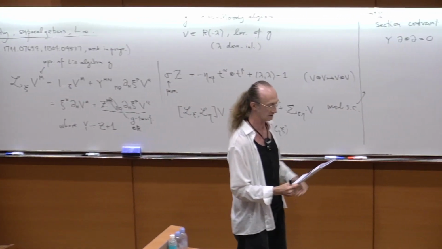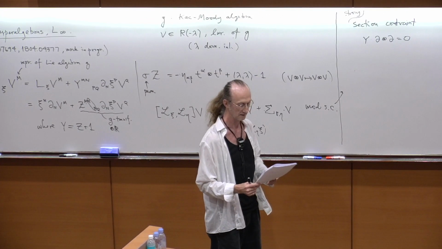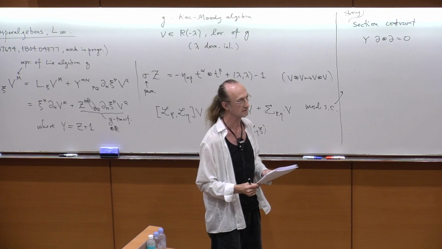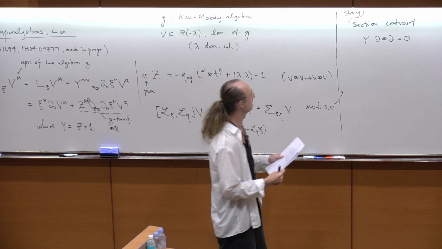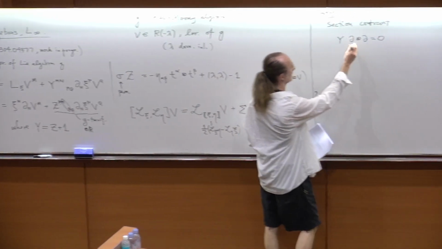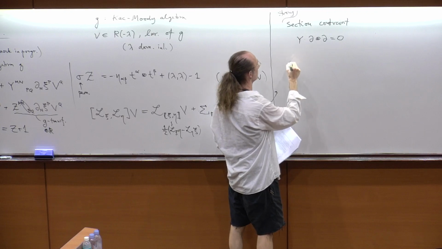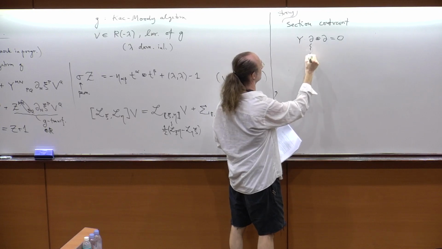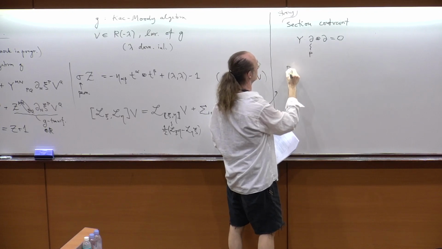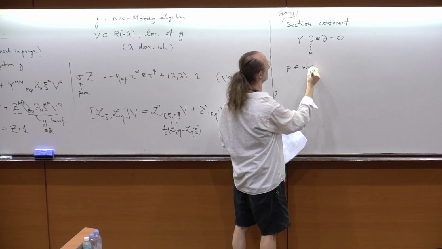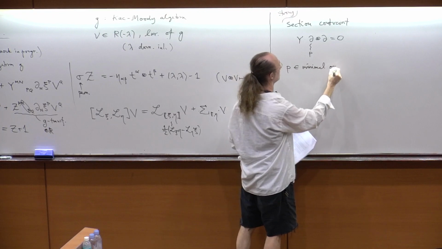This constraint we can understand actually in a very algebraic, geometric way, because think of these as momenta. Any momentum belongs to a minimal orbit.